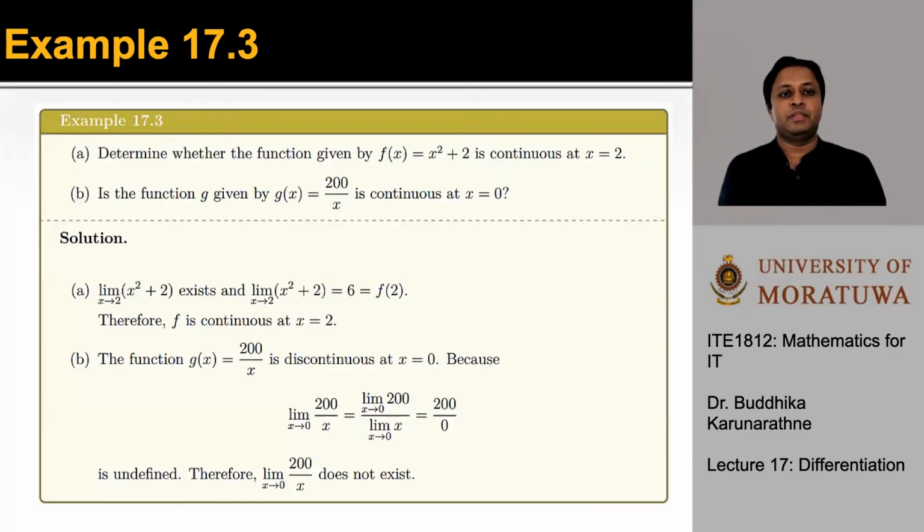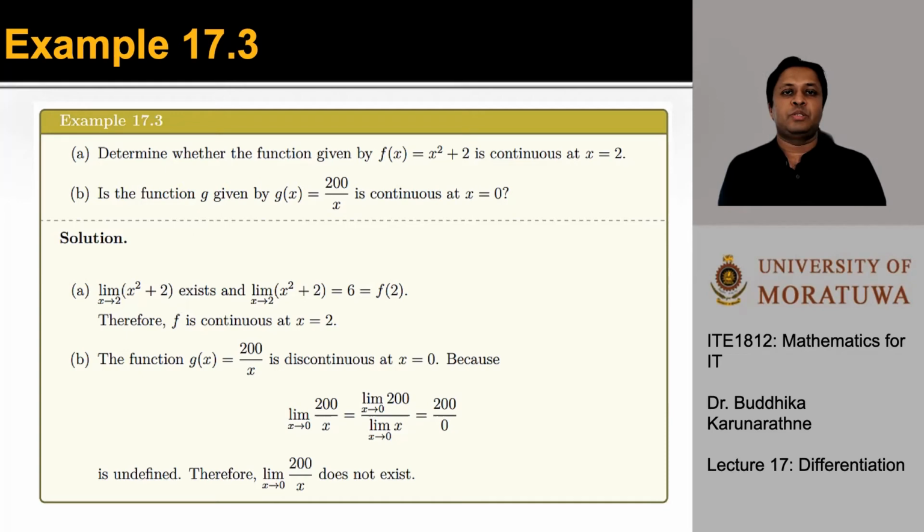So here are some examples for this concept. Part A is to determine whether the function given by f(x) = x squared plus 2 is continuous at x equals 2. So let's look at the solution. We take the limit of the function x squared plus 2 as x approaches 2, and we identify that the limit is equal to 6, and it is also equal to f(2).